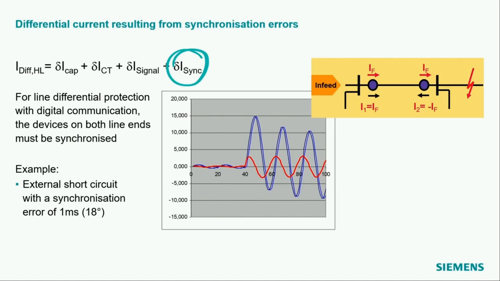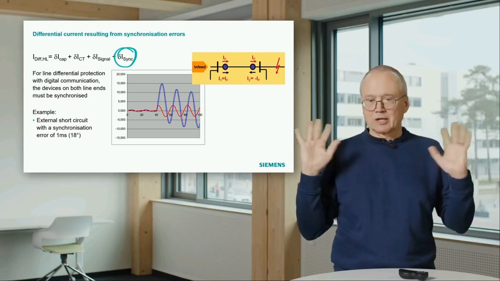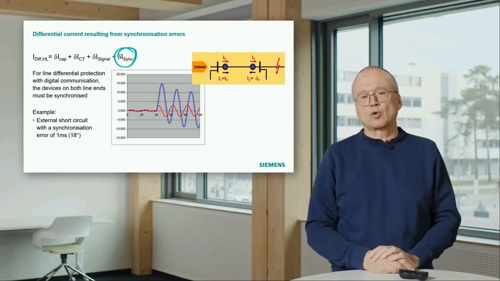You see here in this diagram the two blue curves, they are nearly together, so those are the two current values on both ends of the line. But now I assume that, depending on the communication between the relays where we have to exchange the values, we have a mismatch of 1 millisecond coming from jitter or wrong compensation or whatever.